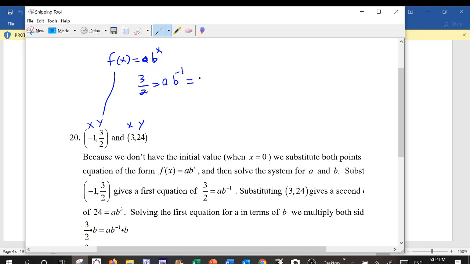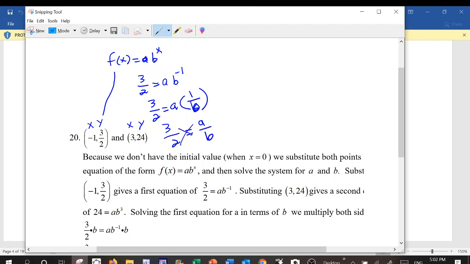Now a b to the -1 means a over b, because b to the -1 means 1 over b. Let me write it this way. That means 3/2 equals a times 1 over b, so 3/2 equals a over b.